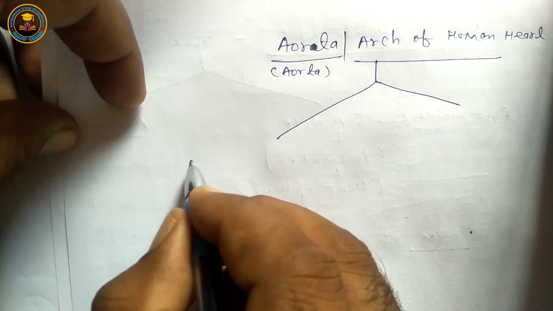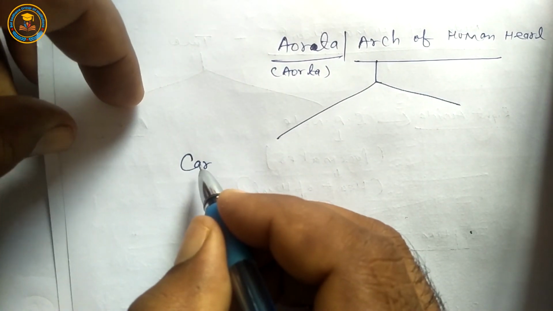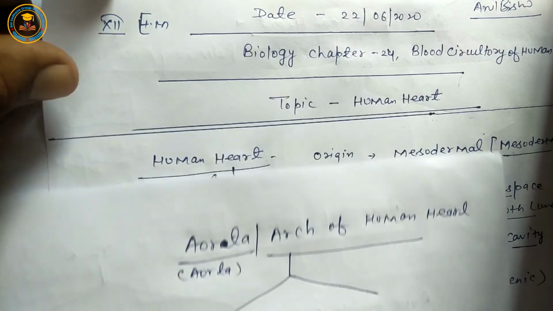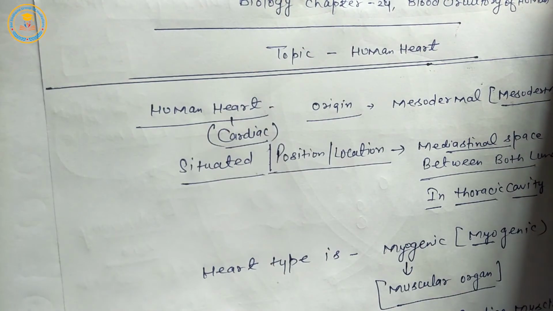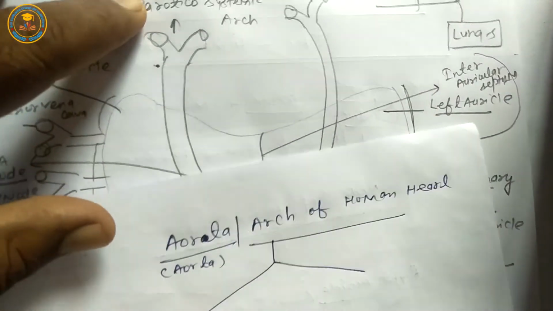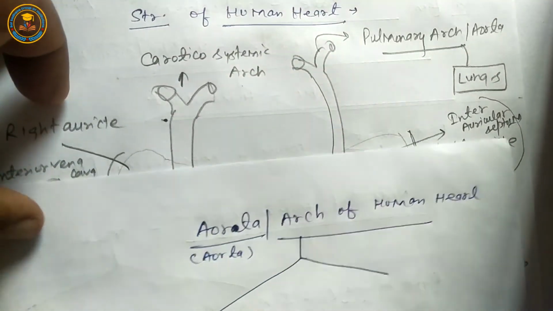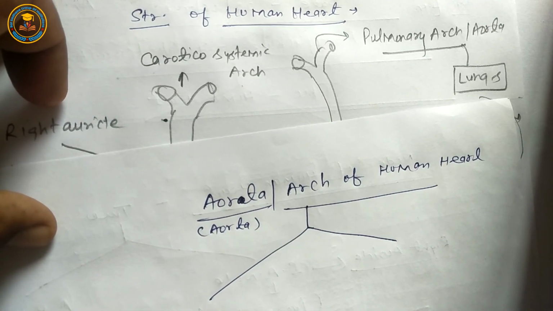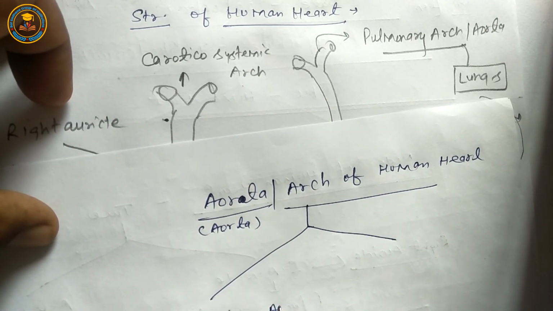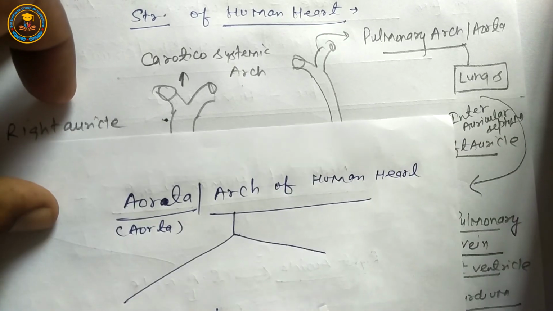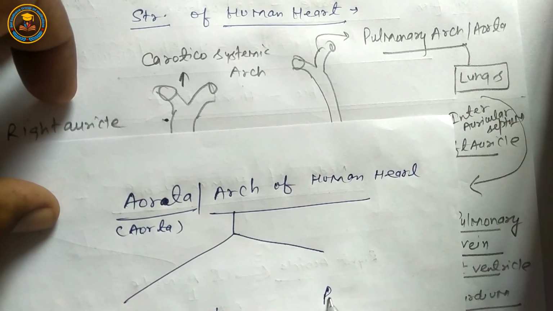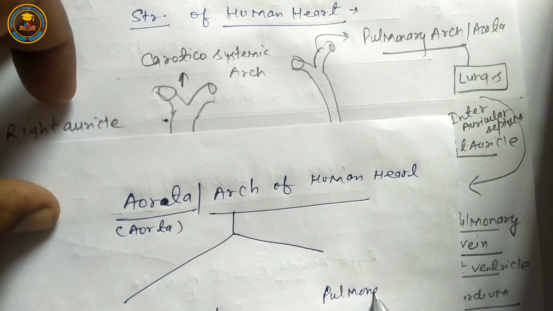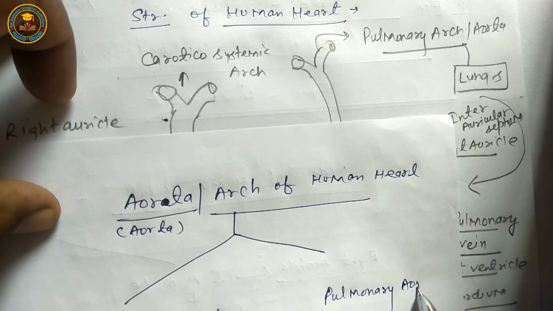First is the keratico-systemic arch. Next is the pulmonary aorta.